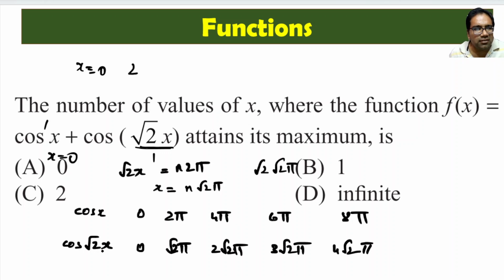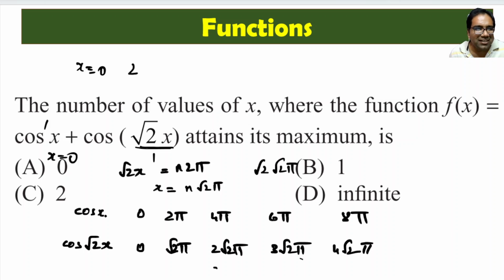Here cos √2x is maximum when x is either √2π or 2√2π or 3√2π or 4√2π. So together, √2 into x will become 2π. √2 into √2π will become 2π. √2 into 2√2π will become 4π. √2 into 3√2π, that is 3 into 2, 6π, likewise. Okay, so cos √2x will attain its maximum whenever x is √2π or 2√2π or 3√2π or 4√2π, etc.